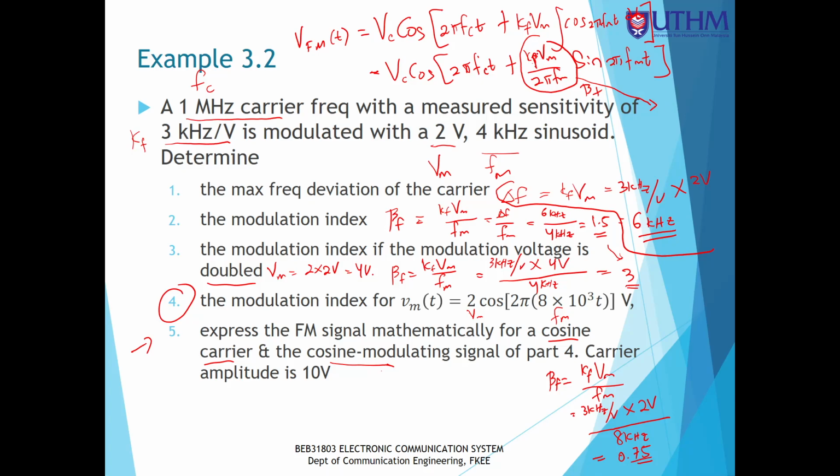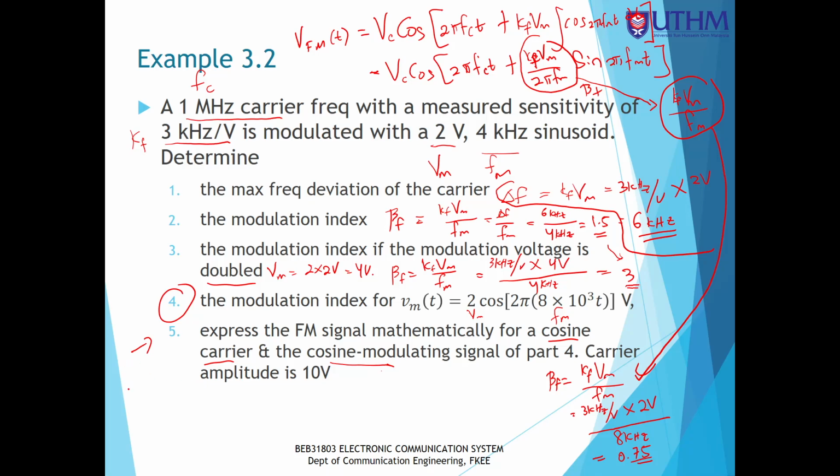So kf Vm over 2 pi fm is actually equal to kf Vm over fm, if we make the kf in hertz per volt and divide above and below of the ratios. Which we already calculated in question number 4.